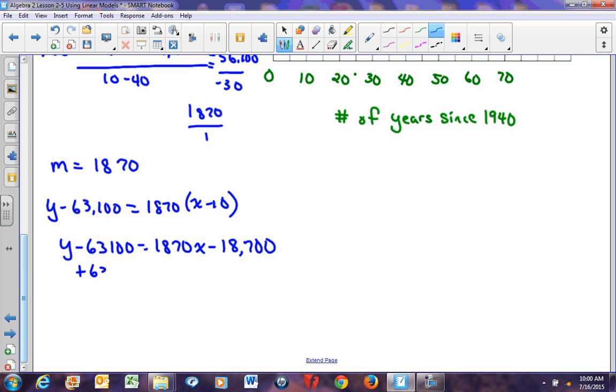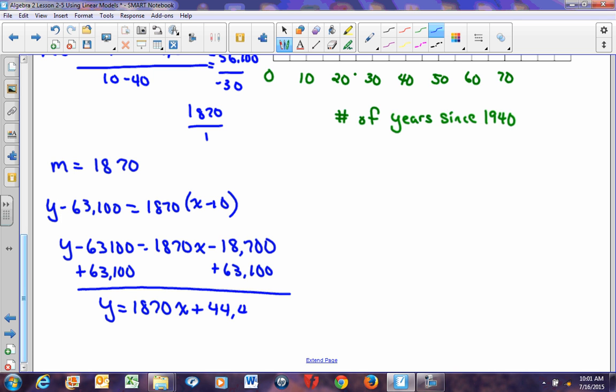Add 63,100 to that. We're going to get y equals 1,870x plus 44,400. So that would be the equation of my trend line. And like I said, your trend lines might be different if you chose different points. So there's the equation of my trend line.